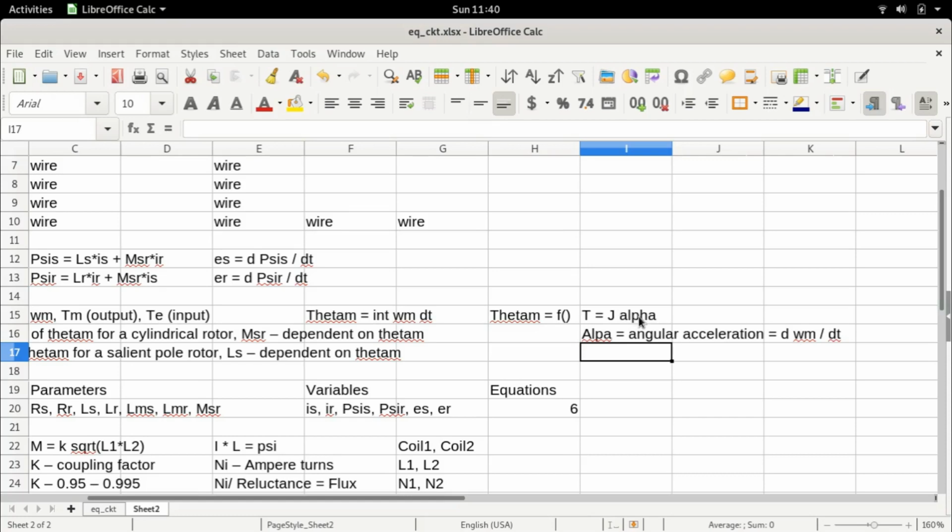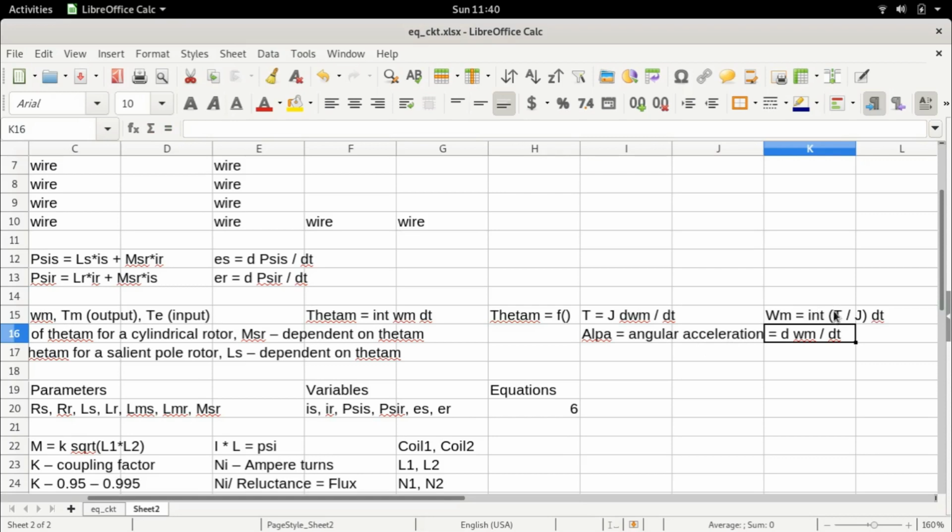Therefore, we now have an equation for this. So we can say that J alpha is equal to d omega m divided by dt. So this equation of torque will now produce a certain speed. We can say that omega m is equal to the integral of T divided by J dt with respect to time.